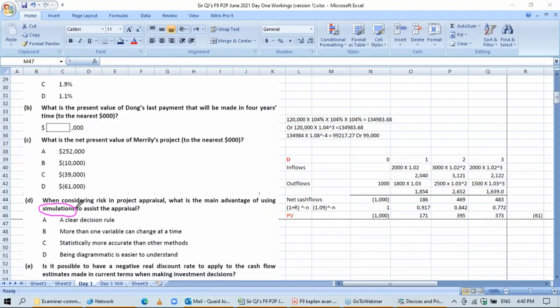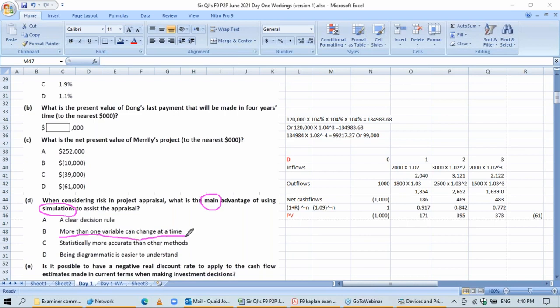In sensitivity analysis, it accounts for only one variable, right? So instead of sensitivity analysis, the simulation technique is a lot better. The main advantage of simulation is that more than one variable can change at a time.